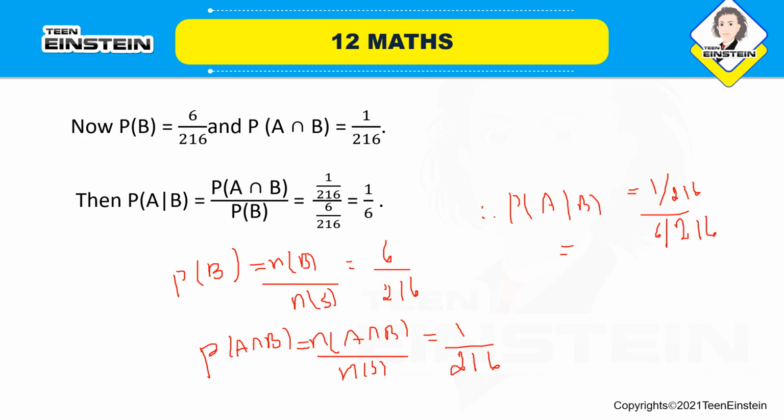Okay, that is 1 by 216 into 216 by 6. So cancelling 216, you are getting 1 by 6. So P of A given B value is 1 by 6. So this is the answer.